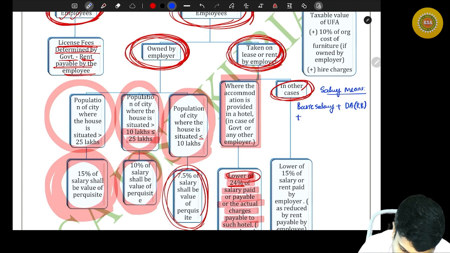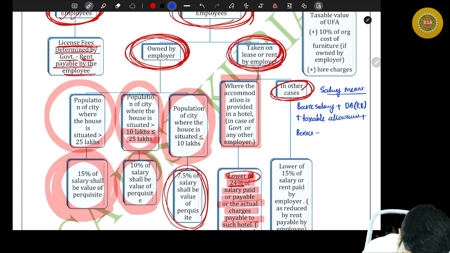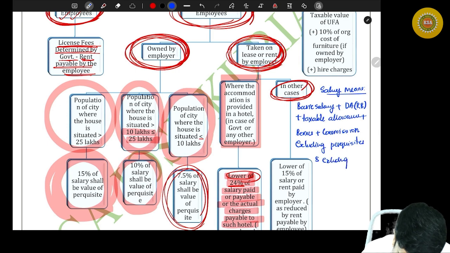Plus taxable allowances, plus bonus, plus commission, excluding perquisites and excluding employer's contribution to PF, Provident Fund.